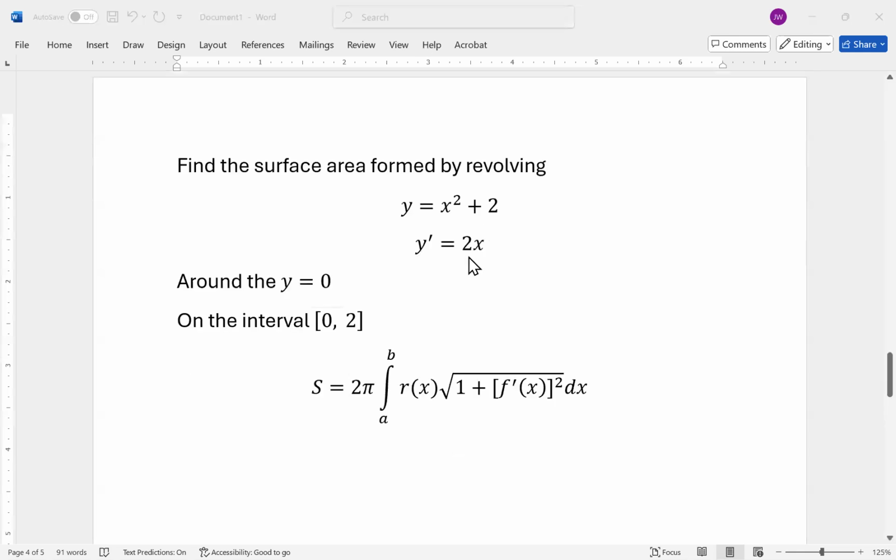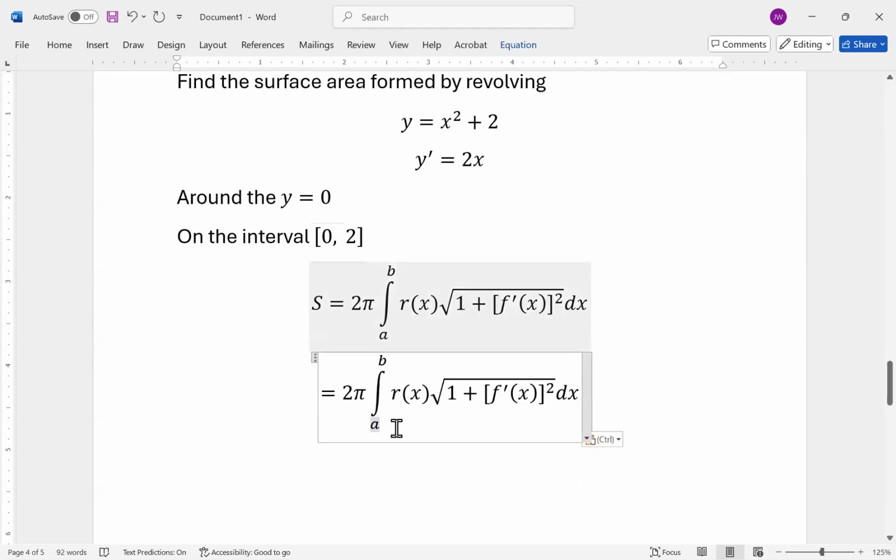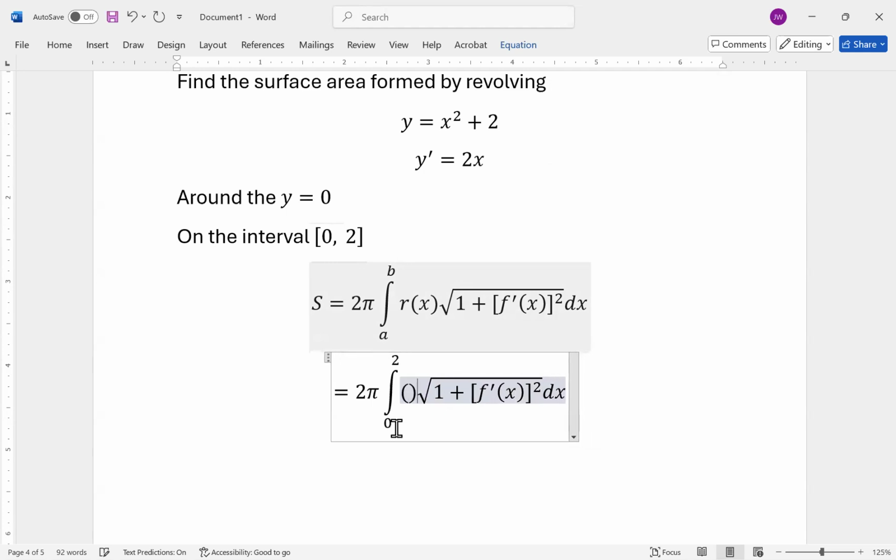I've already taken the derivative from the last example, so the derivative of y with respect to x is 2x. That means my surface area can be found by integrating from 0 to 2 in my x bounds. Like I said, my radius goes from the curve down to y equals 0, so y equals x squared plus 2 down to y equals 0.